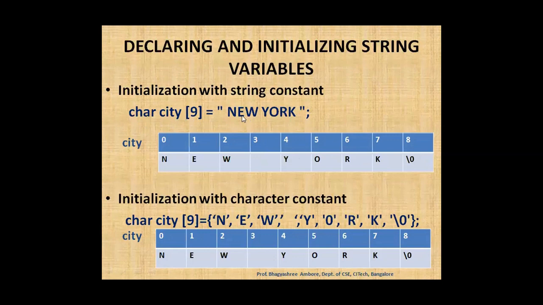While declaring itself, I'm filling these locations with the string constant "New York". How many characters are there? 9, so 9 locations will be created: N E W, space, Y O R K. Whenever you use a string constant, the compiler automatically marks the end with a null character.